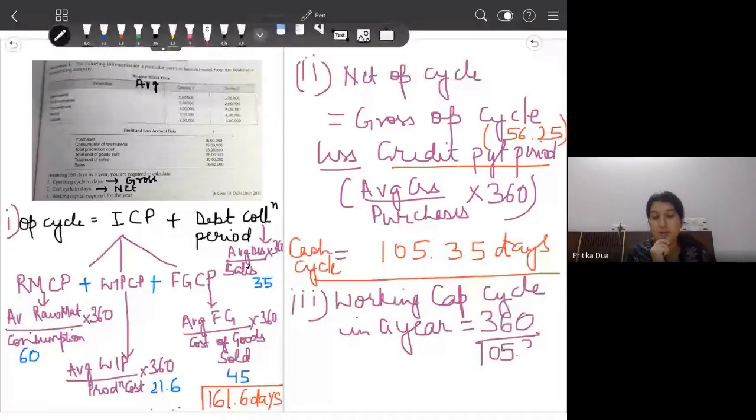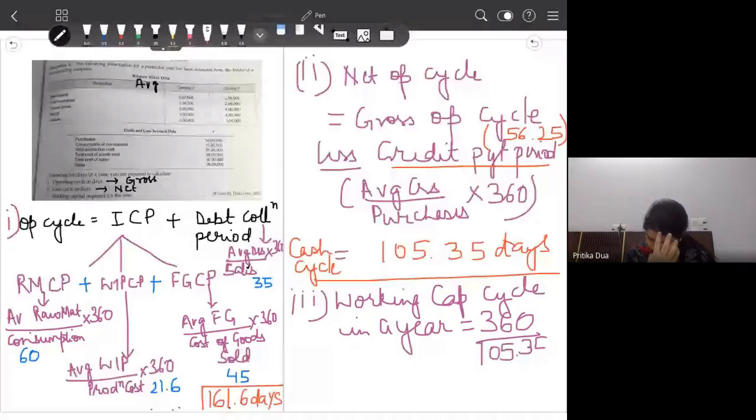So, how many cycles of working capital are there in a year? Just check. And the number of operating cycles, because you are calculating the operating cycle, so you can call it operating cycles in a year. That would be a better term. Number of operating cycles in a year.